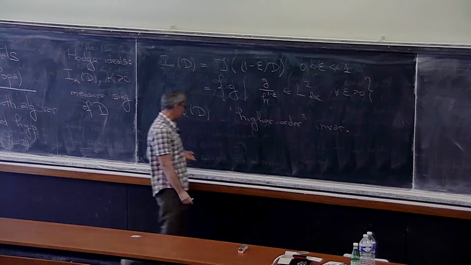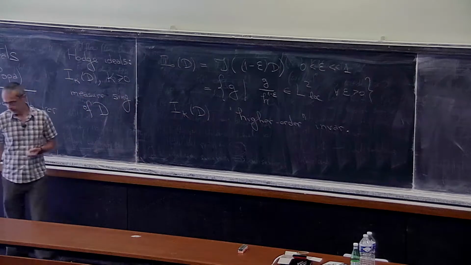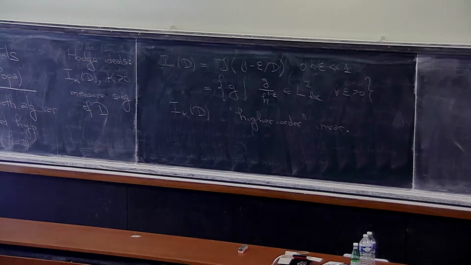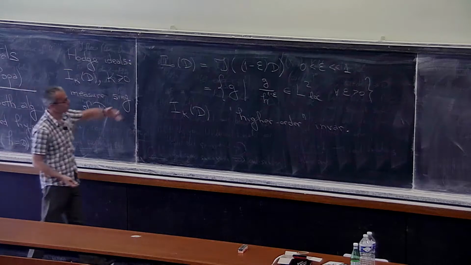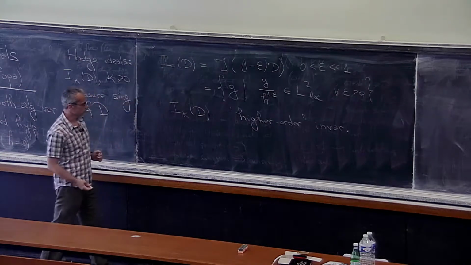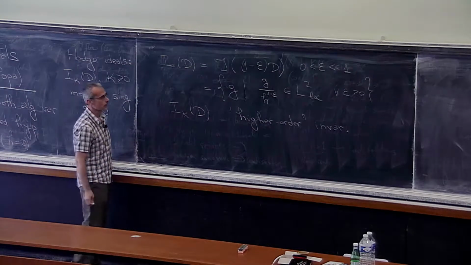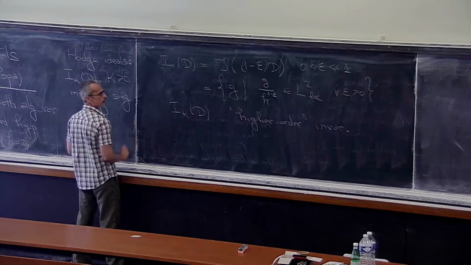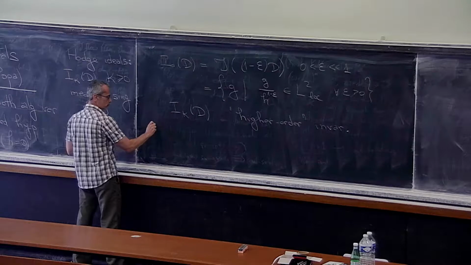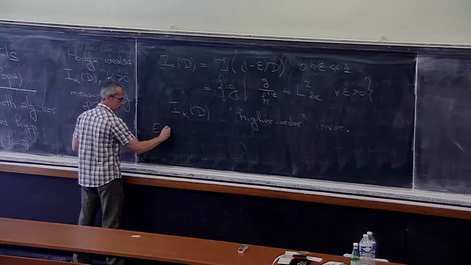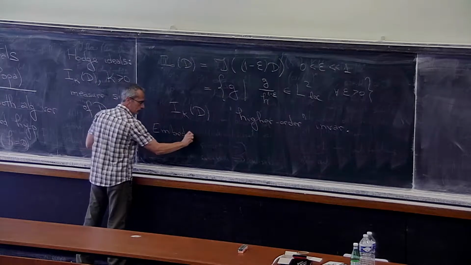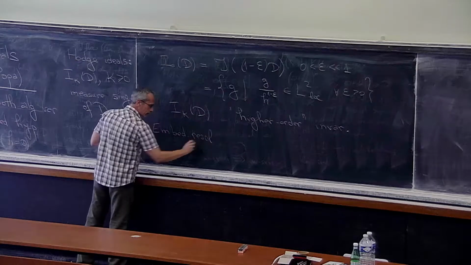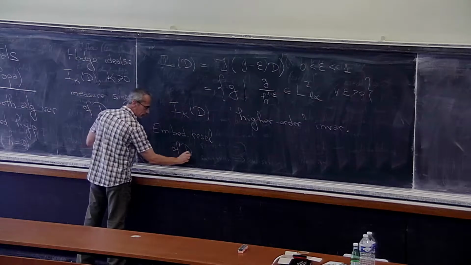To make this a little more precise, I usually think of this multiplier ideal from the point of view of a log resolution, or an embedded resolution. I'll keep using this a bit later, so let me set up the notation. I want to look at an embedded resolution of D, by which I mean the following.